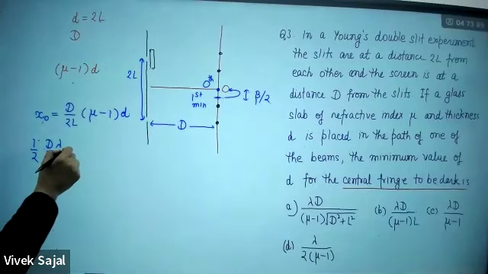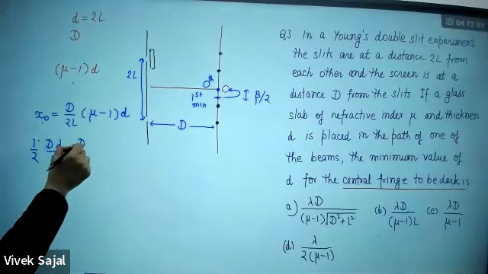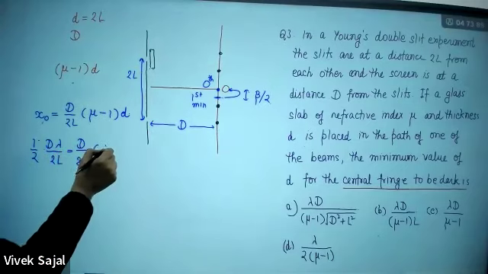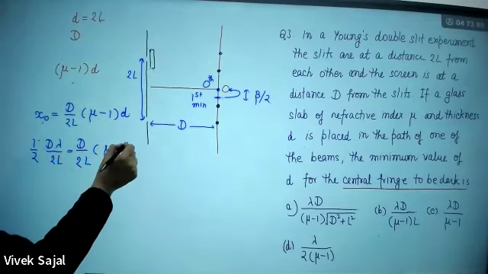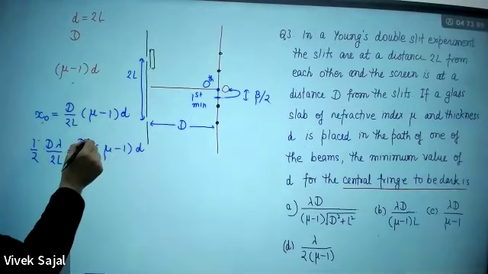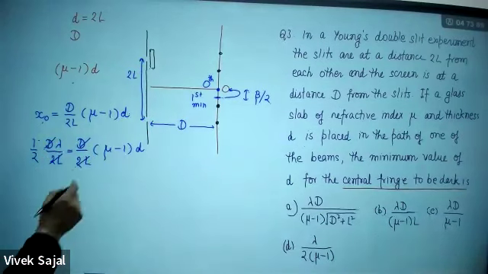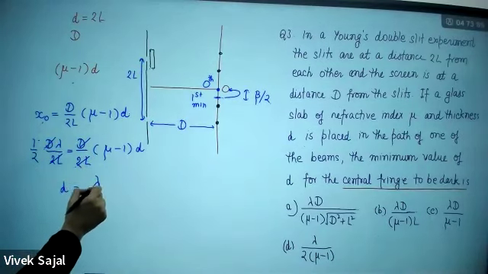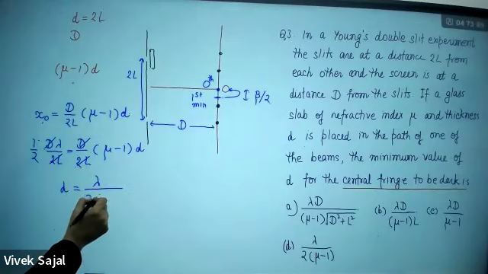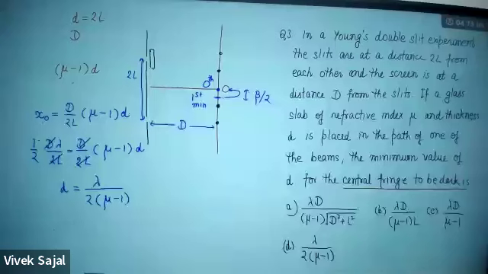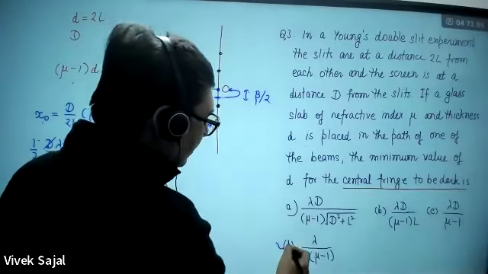So this will be equal to d by 2L into mu minus 1 into d. So d will cancel out, 2L will cancel out, and this small d will be lambda upon 2 into mu minus 1. This will be your answer. So option D will be the correct answer.